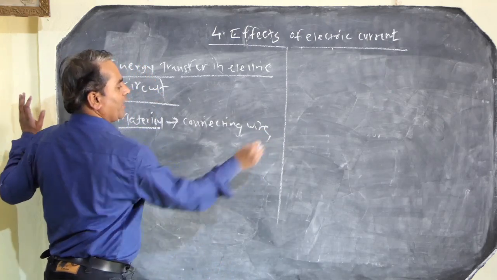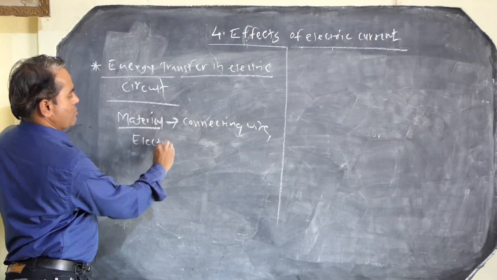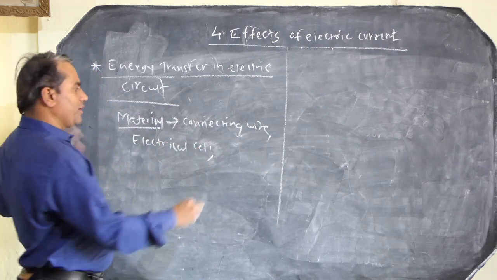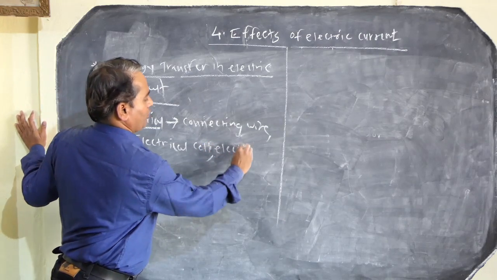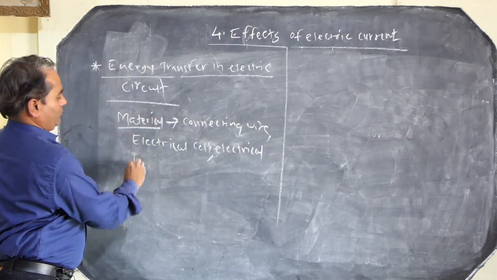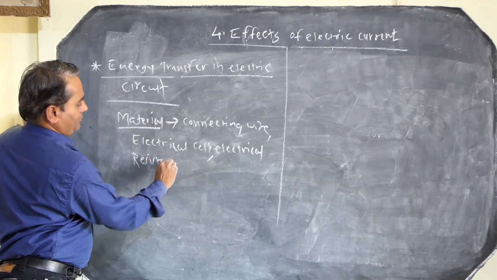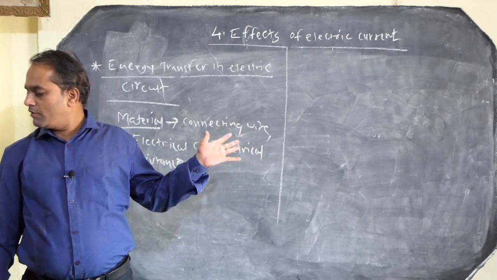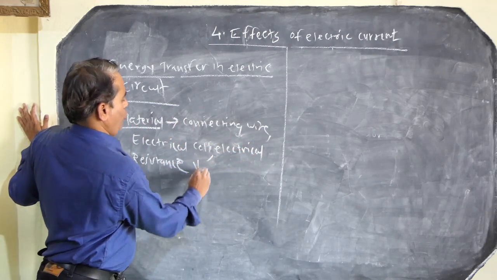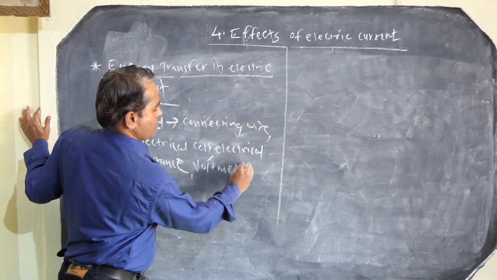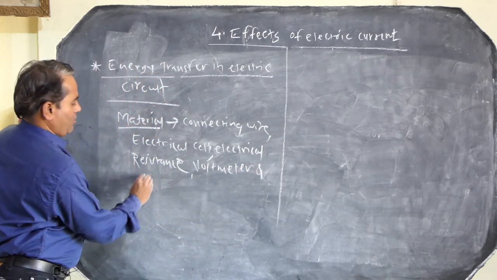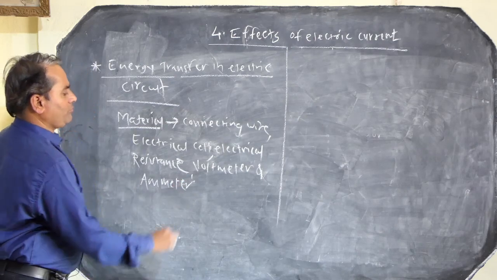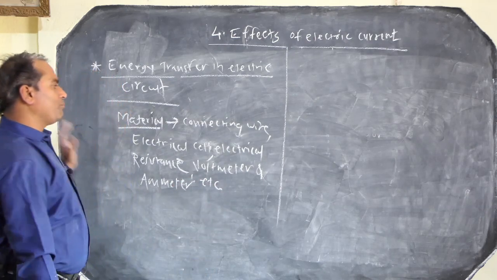We can take an electrical cell, also an electrical resistance, or we can say a resistor, also a voltmeter and ammeter, etc. These are the components, or materials.